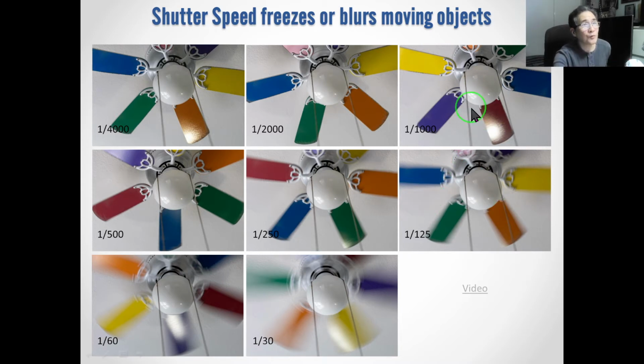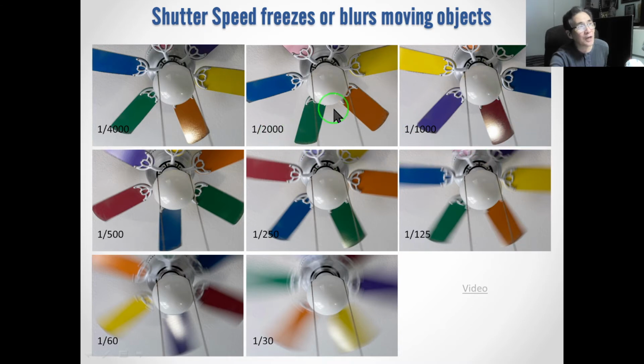Okay, so when you get to 1/1000, it looks almost as if the fan's not moving at all because most of the motion is captured, except on the outer edges, because that is where the velocity is the highest and it's still a little blurred.